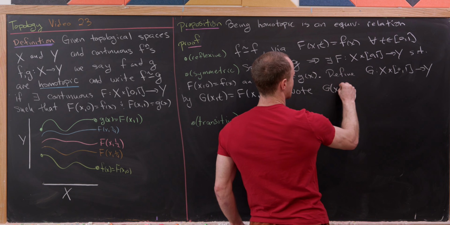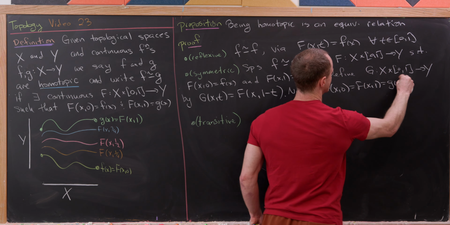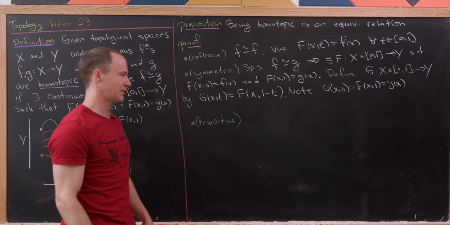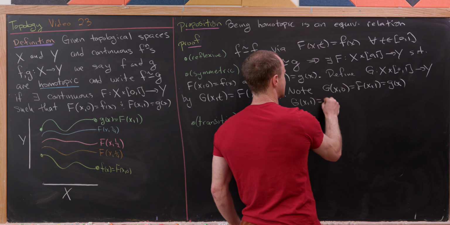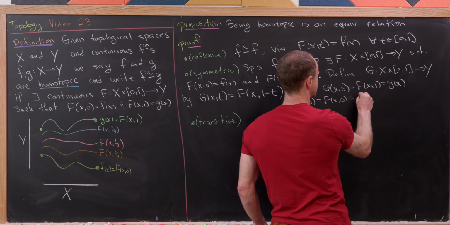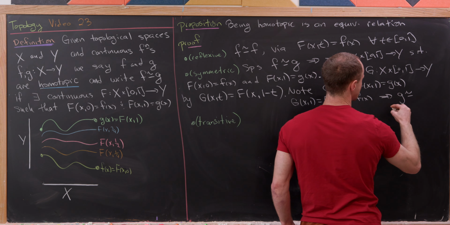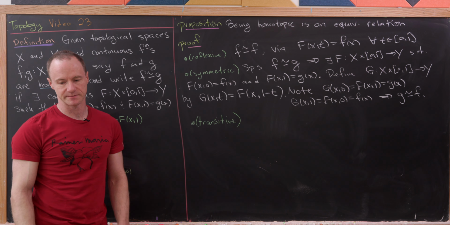G of x comma 0 is the same thing as F of x comma 1, which is little g of x by our construction of our original map. And then also G of x comma 1 is the same thing as F of x comma 0, which is f of x. All of this together tells us that g is homotopy equivalent to f. So that proves our symmetry.